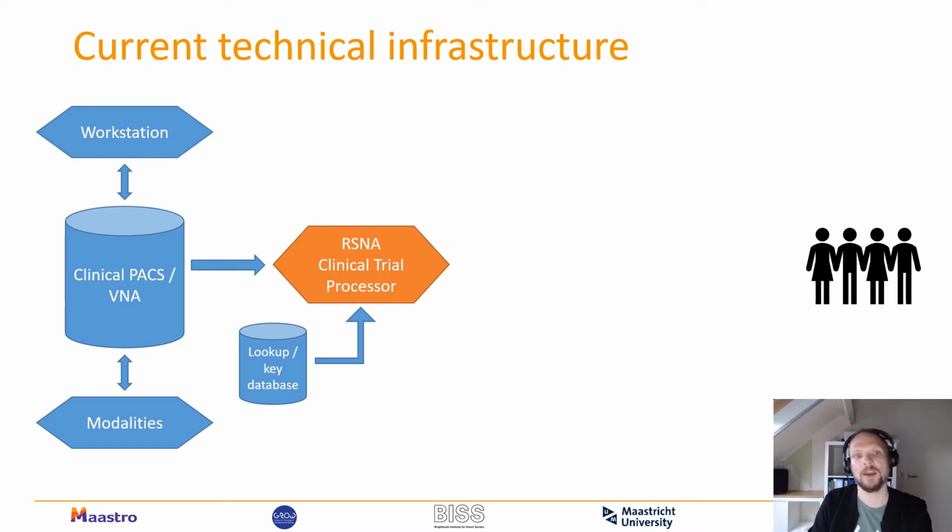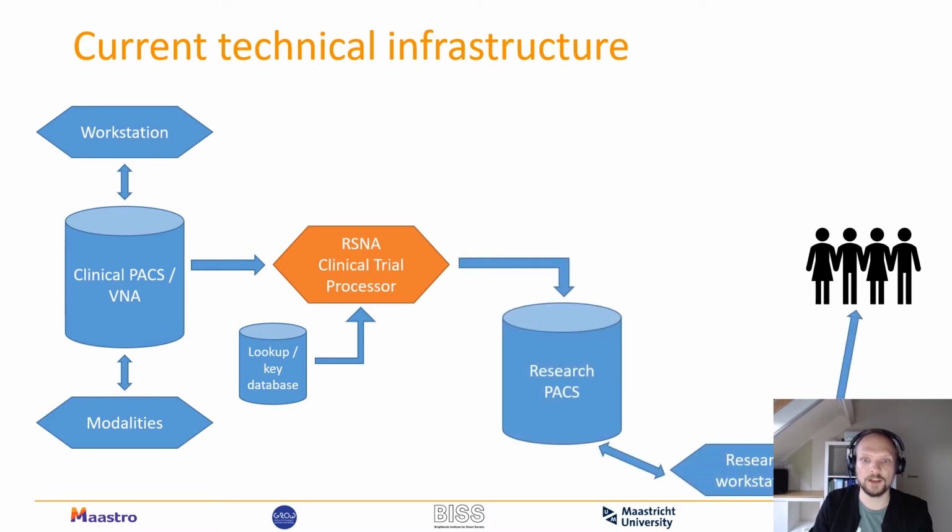The output of this Clinical Trial Processor then goes into a research PACS, a research picture archiving and communication system, where researchers can use workstation software like they have in the clinic, on the top left, also in research, indicated here on the bottom right. So researchers can interact with the research workstation and use the medical images there.